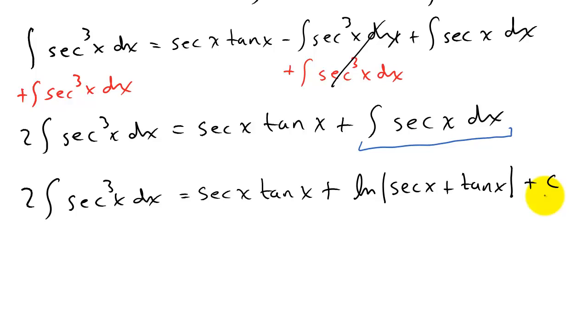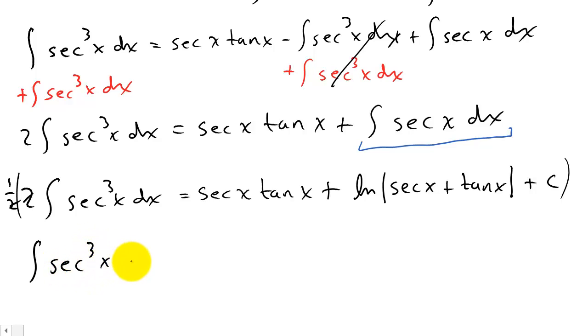Okay, alright, and then what I'm going to do is get rid of this 2, because I just need to know what the answer is to the integral of secant cubed x dx. So I'm going to multiply through by 1/2.